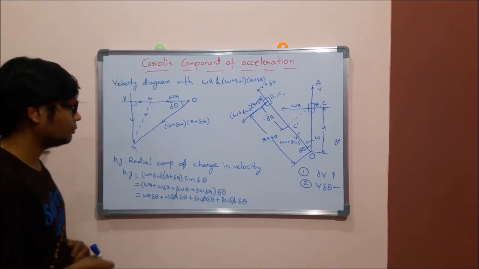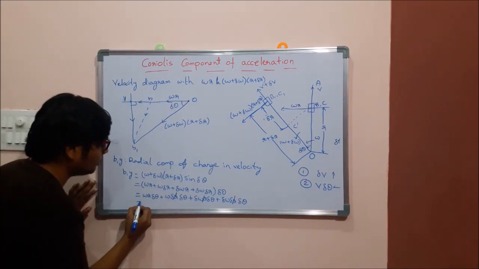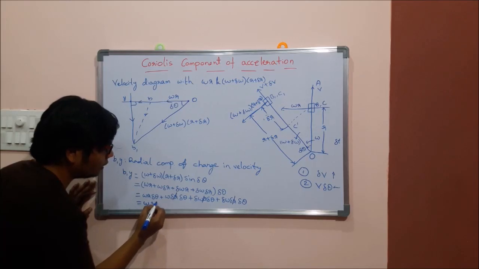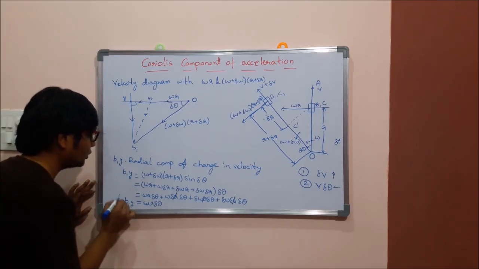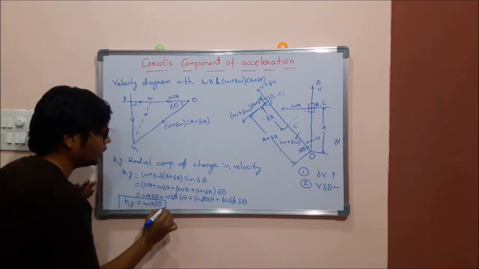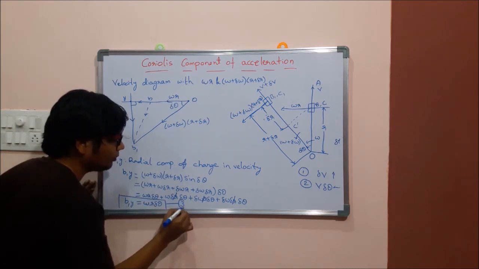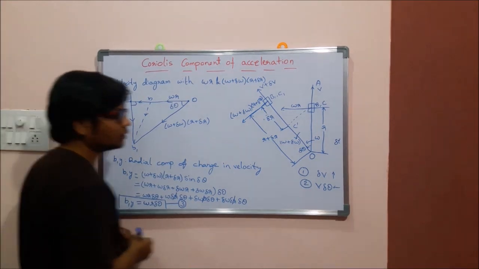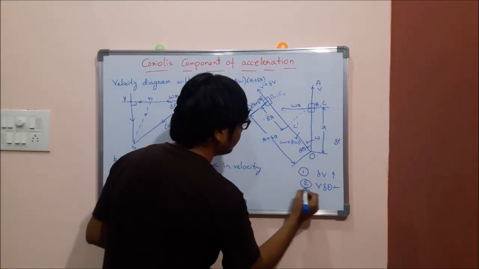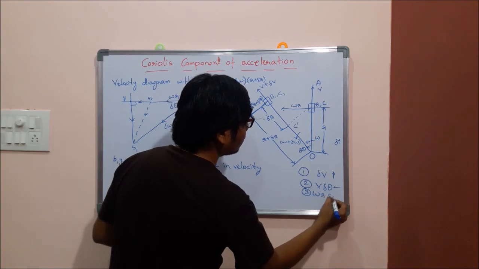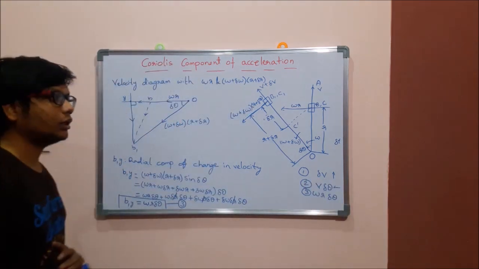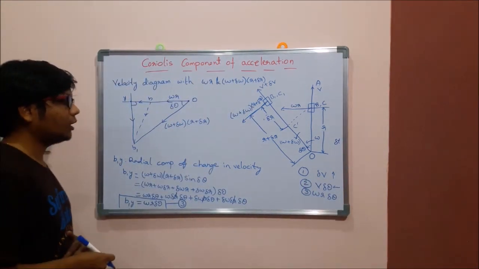So all these get cancelled, and the remaining thing will be omega r delta theta, that is the radial component of the change in velocity. Assume this equation as 3. The third equation is omega r delta theta. That is the second case, the radial component.